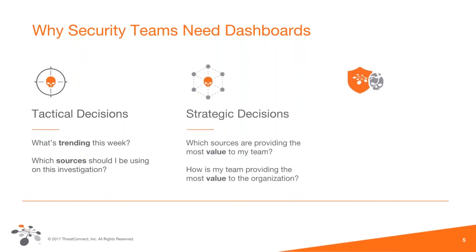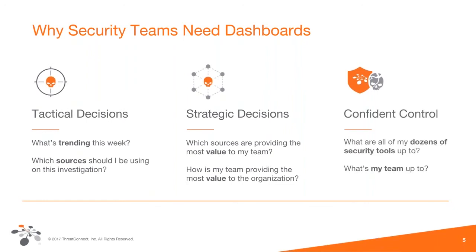Dashboards can help security teams make strategic decisions. So maybe not on a weekly basis, but annual planning. What sources are providing most value to my team? And one of the things that I know is very challenging for a lot of security teams is demonstrating their value to the rest of the organization at large. So dashboards can help answer the question, how is my team providing value to the rest of the organization?